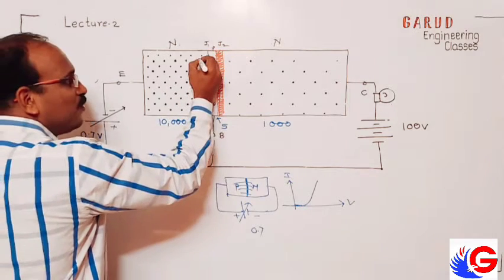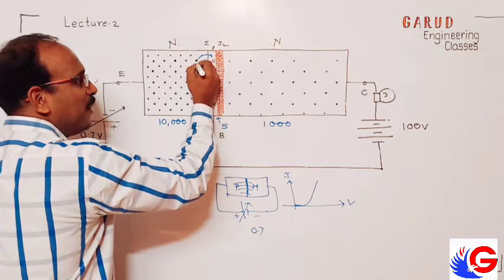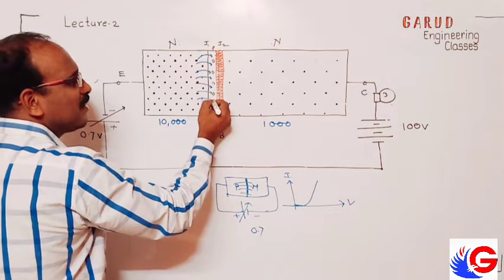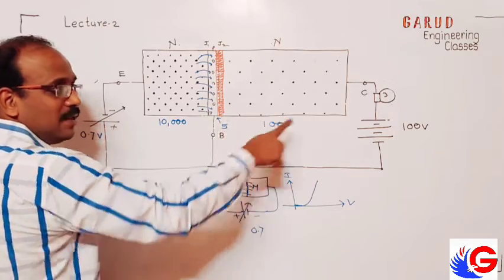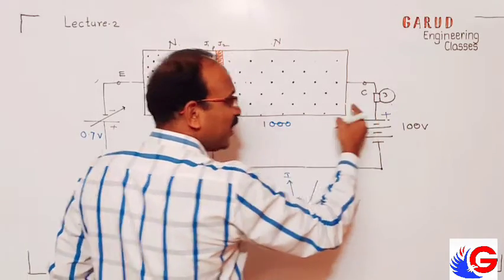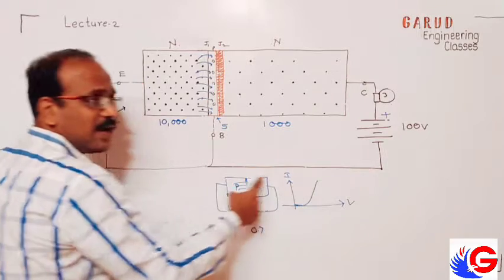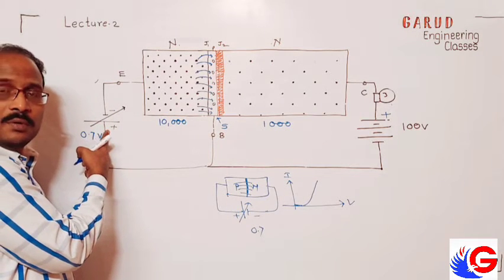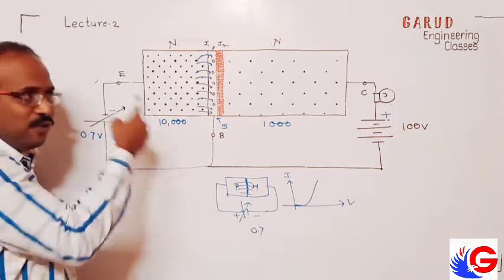Few electrons, few carriers will be jumping into this. Who is going to attract this? Actually, that positive signal is going to attract. See, negative is connected here. This battery will be added in series. So this effect is because of the whole thing.